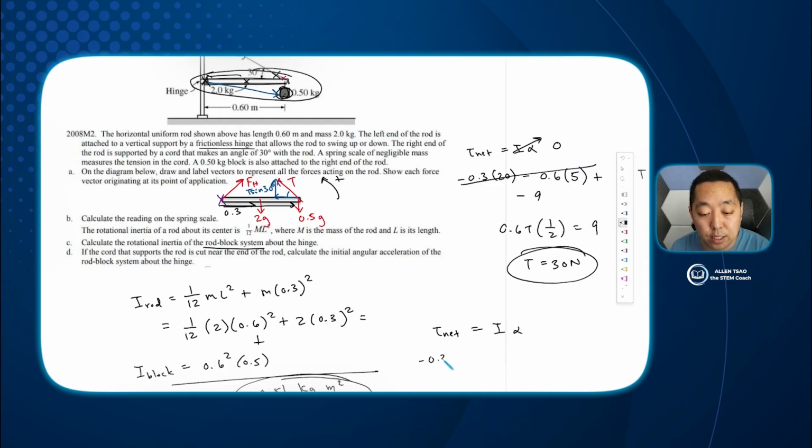So it's going to be negative 0.3 times 20 minus 0.6 times 5 is going to equal our rotational inertia times alpha, and then you can just solve for alpha. So this is going to be minus 9 divided by that number, and I'm going to get alpha as negative 1.76 radians per second squared. Okay, and it's only negative because we said clockwise was negative, and that's the way it's going to accelerate.